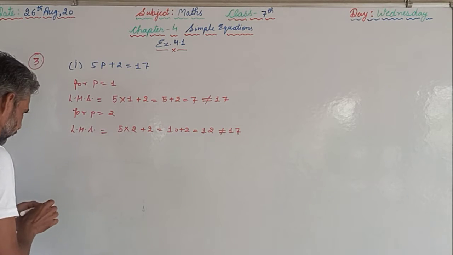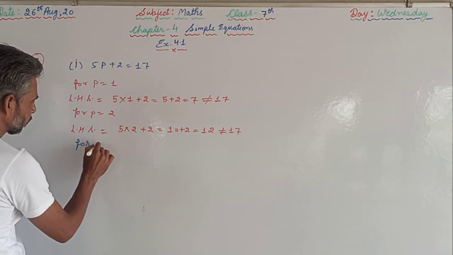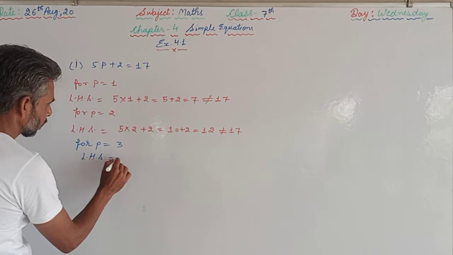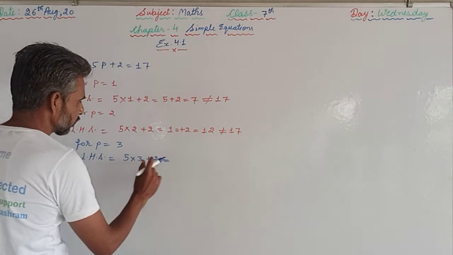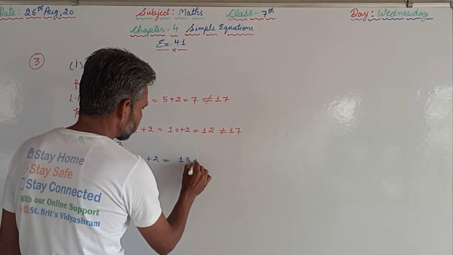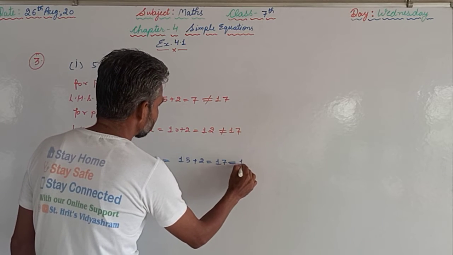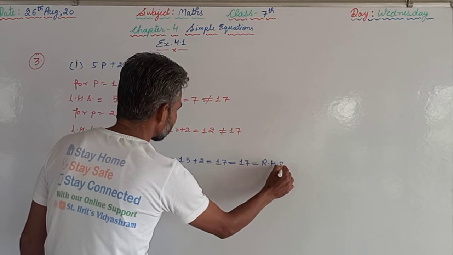Now the third one we will take, p is equals to 3. Now left hand side is 5 into 3 plus 2, 5 threes are 15, plus 2, that is 17, and 17 is equals to 17, and that is equals to right hand side.